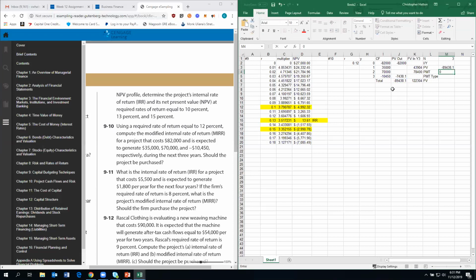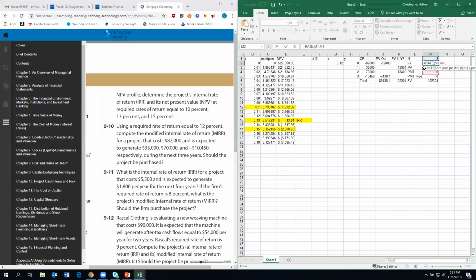Payment is 0, payment type 0. Future value is this number. And then we have equals rate, per, payment, present value, future value.